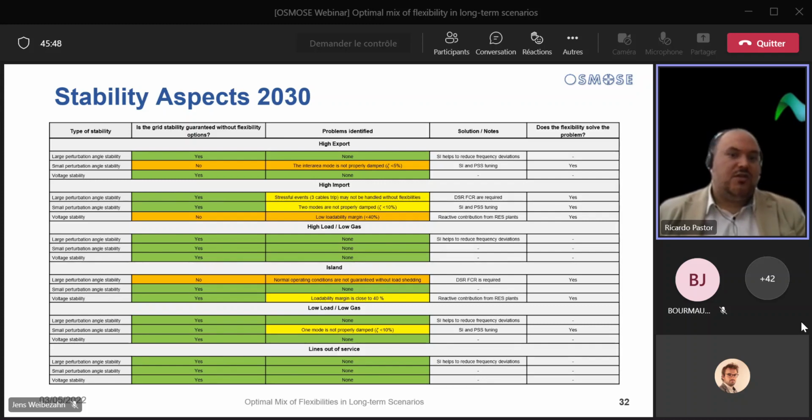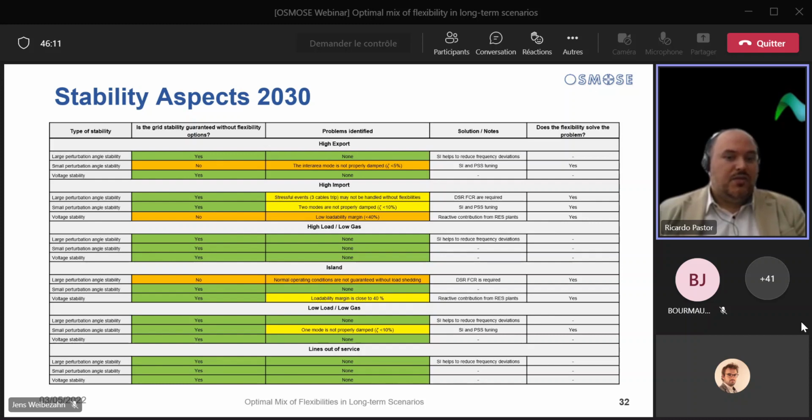So focusing on the OSMOSE scenarios for 2030, on the large perturbation angle stability, all the cases related to the frequency in which the connection with continental Italy was kept, the frequency does not go outside normal operating conditions.